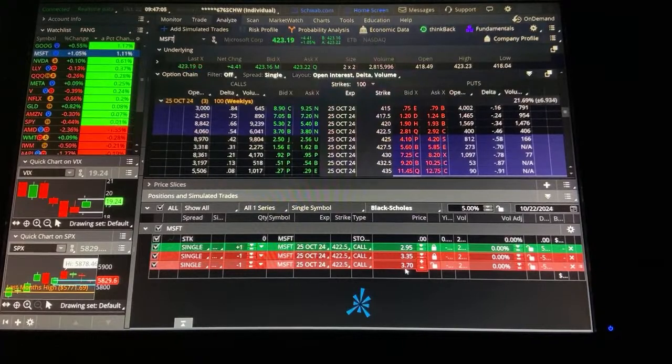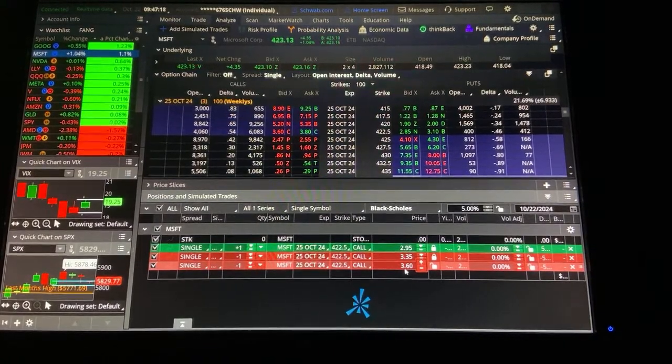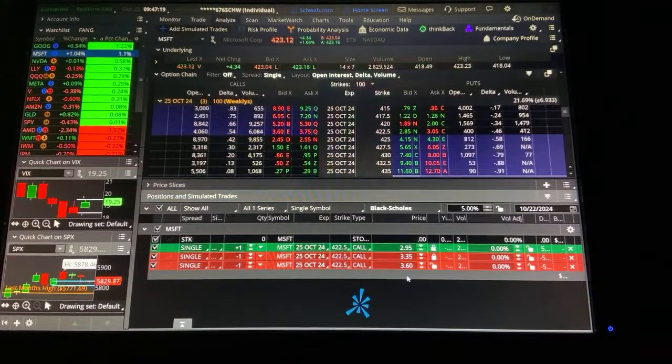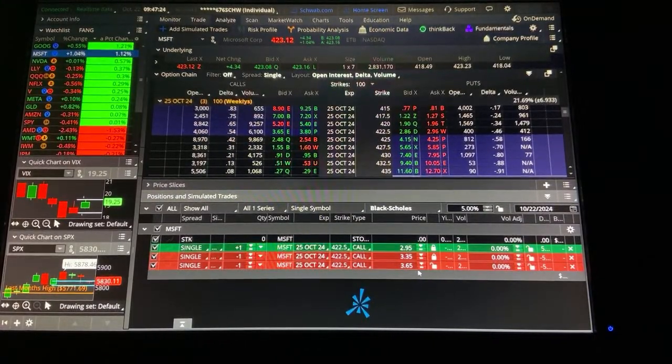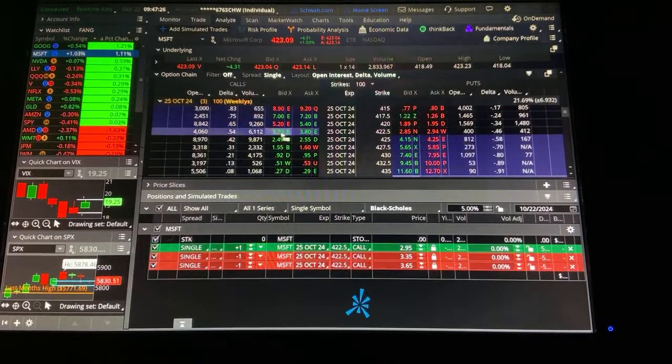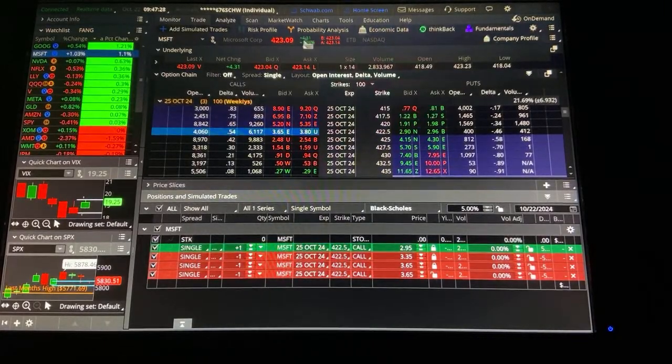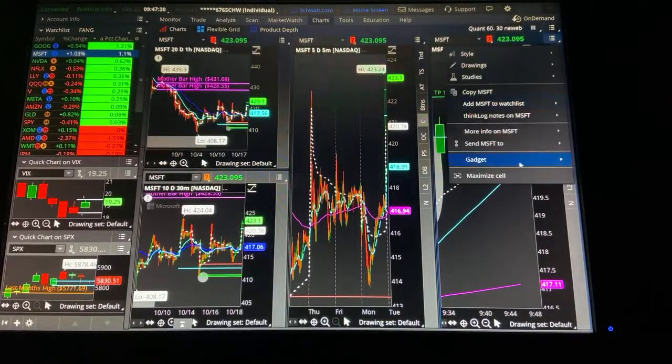TP some Microsoft. All right, this ended up being a nice little solid trade for the first 15 minutes open here. If they fill me, I got a 365 fill on Microsoft. Okay, long call.